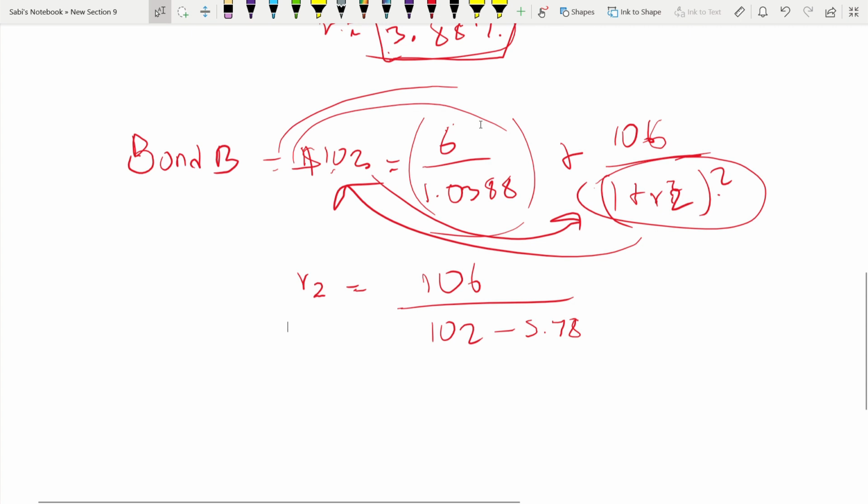So this becomes, and then you have to take the square root of this, or you can say to the power 1 over 2, it's the same thing. Minus 1, because you need to find the square root, which will be 4.96%.